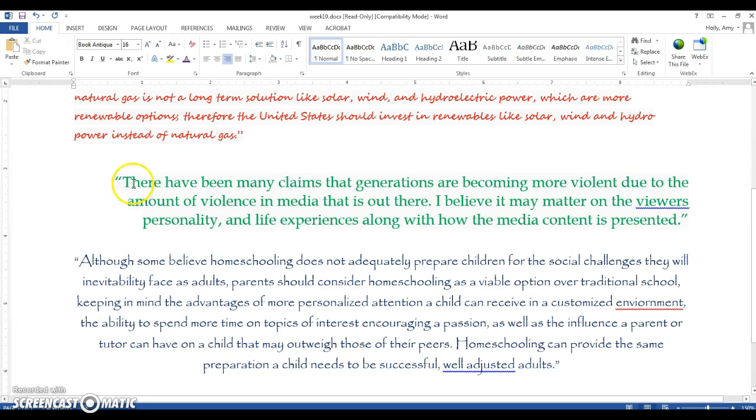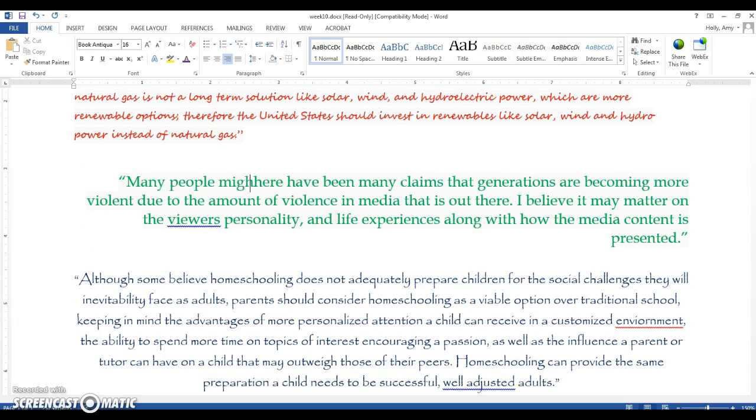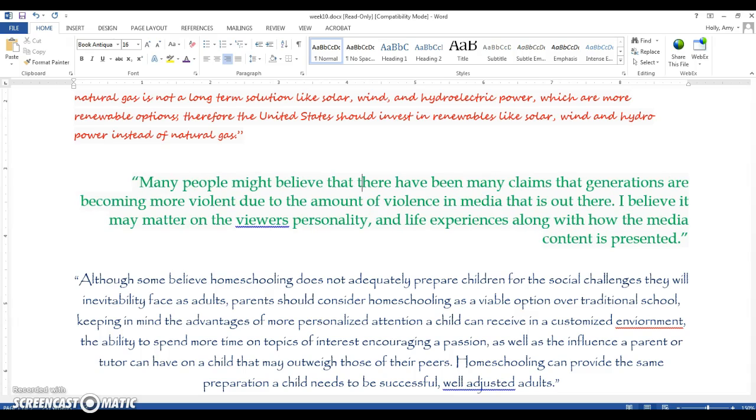So all you have to really do is add those transitions, that concession transition here. Many people might believe that there have been, and this person does say there have been many claims. It's just really your preference how you want to say that.